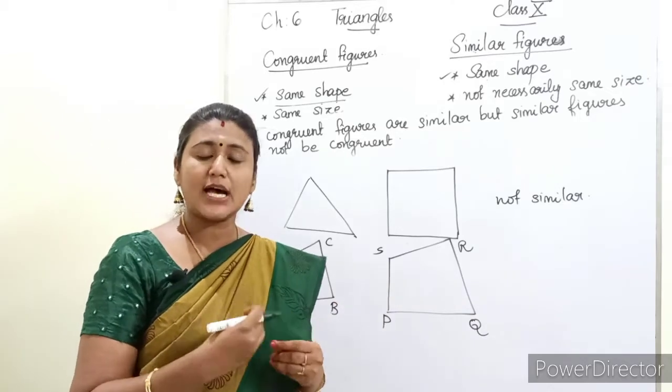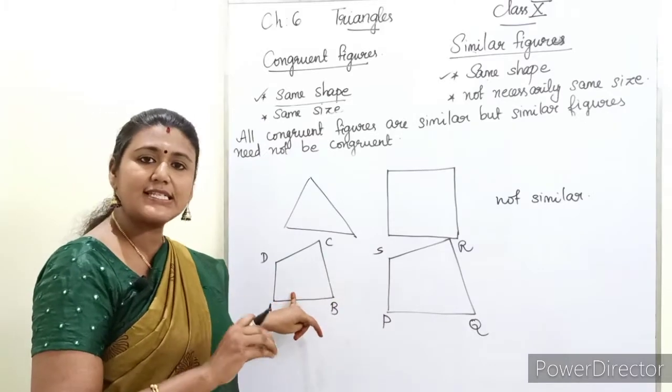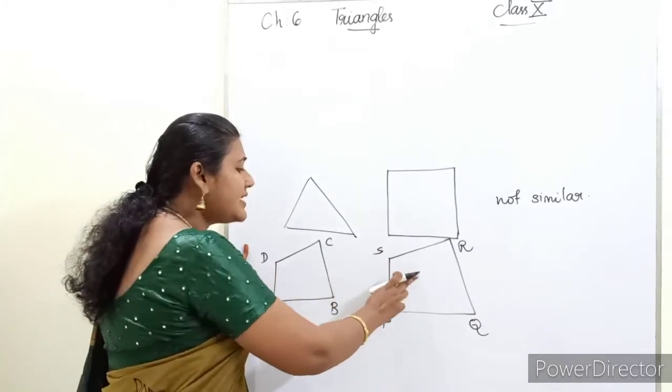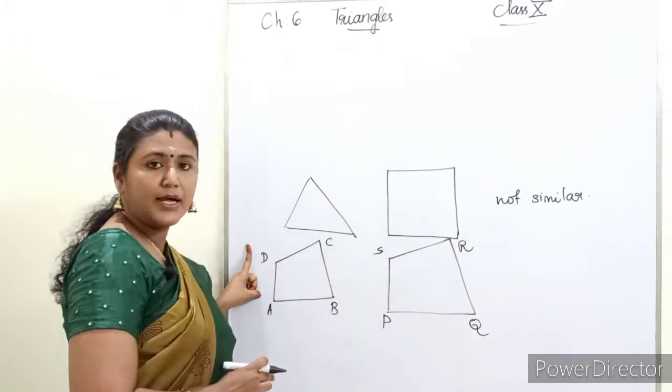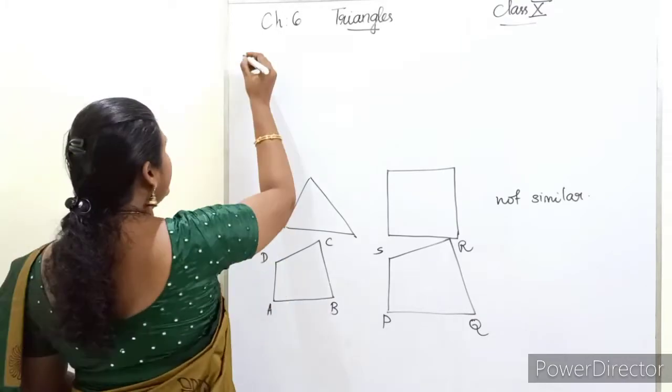So we need some rules to decide whether the given figures are similar or not. In this example, to decide whether these two figures are similar or not, we need some rules. So what are those rules? We will see now.